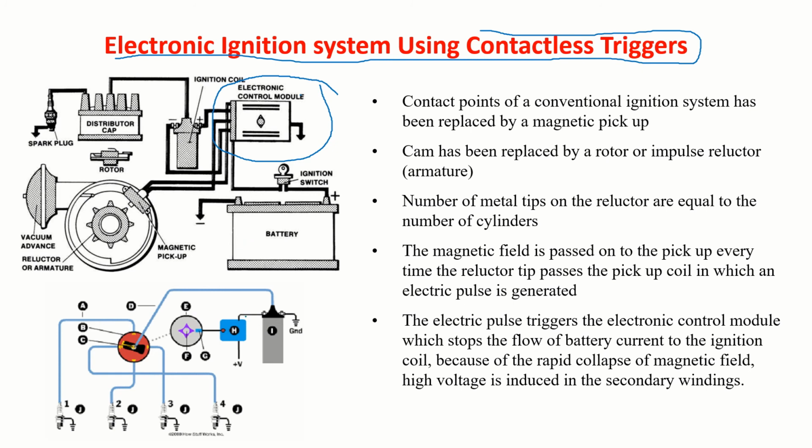There is the ignition coil and all that. But when exactly the high voltage has to go into this? So here you can see, as earlier said, you have a pickup and there is a reluctor or armature.